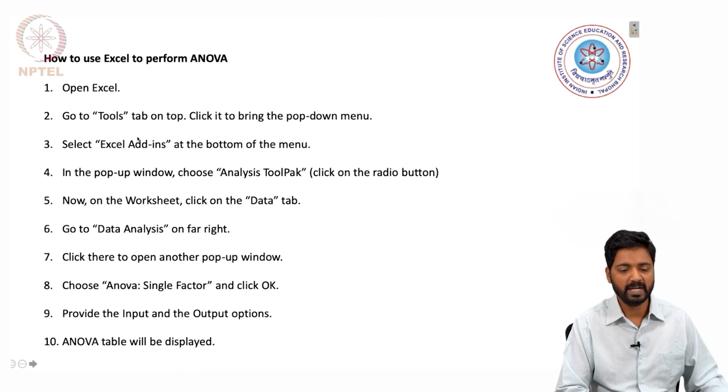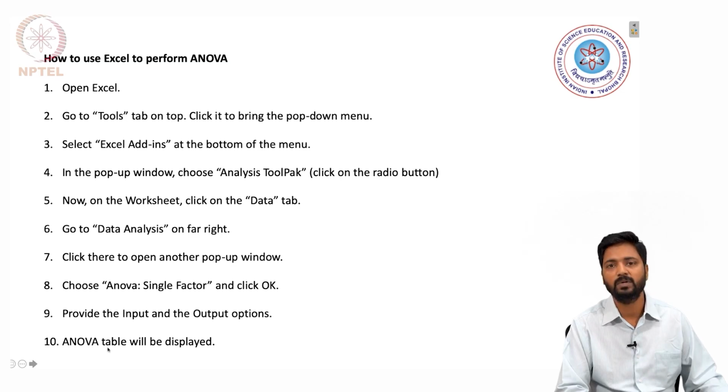Just to summarize, after clicking the Excel add-ins, the analysis tool pack was chosen, and in the data tab we get the data analysis icon activated. We choose ANOVA single factor for performing ANOVA, and finally provide the input and output options, and the ANOVA table is displayed.